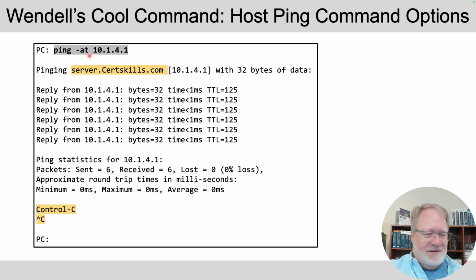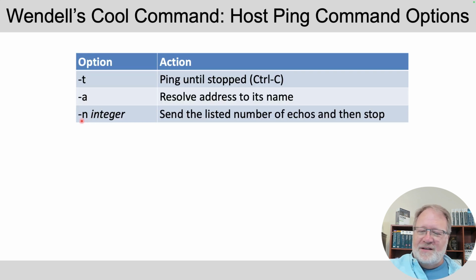For instance, over here in this table, we've got -n and a number for the number of pings, if you want to say run 10 or 20 or 30 echo requests. Well, I believe on Mac OS and Linux, it's a -c for the count instead of -n for the number. All right, so you'll see some differences, but that's a sampling of the kind of flags you can use in a ping command.